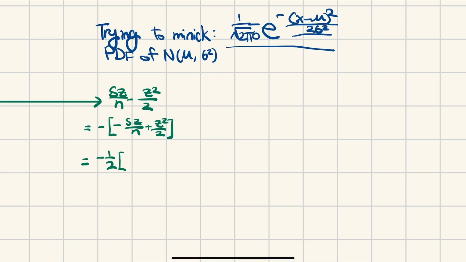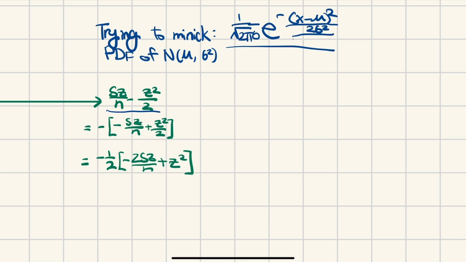So I'm trying to make this part look kind of like that part. So I'm taking the 2 out: 2sz over n plus z squared.